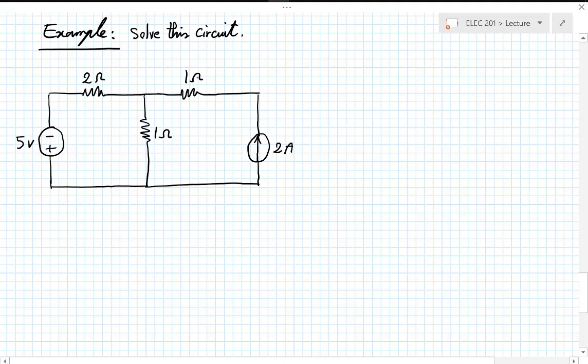Solve this circuit, which means find all the voltages and currents in the circuit. So I'll spell that out.